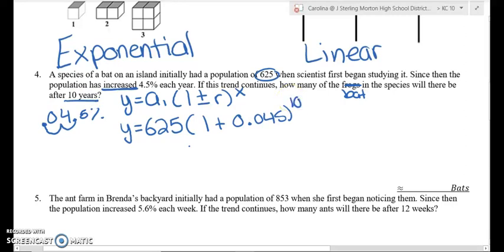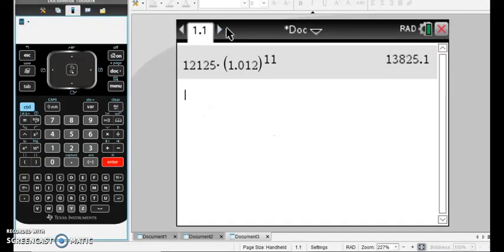Again, I do extra steps. I'm going to simplify before I put it in the calculator. 625 parentheses 1.045 to the 10th power. So that's exactly what I'm going to type into my calculator. 625 times parentheses 1.045, raise it to the 10th power.